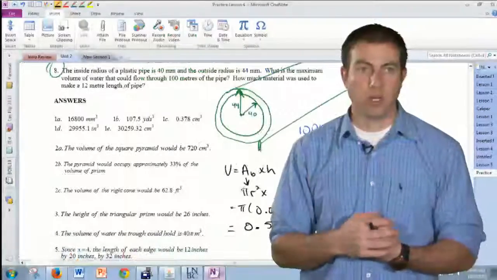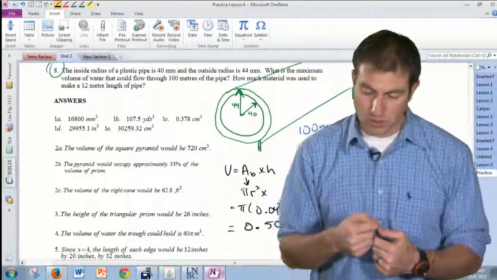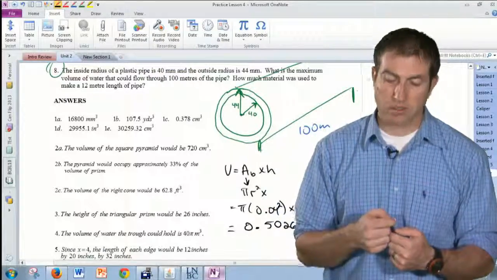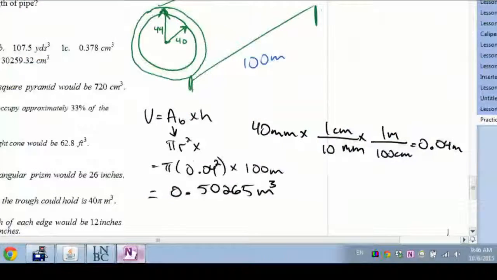So that was the first part of the question. The second part of the question asks how much material was used to make a 12-meter length of pipe. So if we look at our picture, the material, it's talking about the physical pipe. So if I just colored this in, it's trying to figure out how much stuff goes into making the actual pipe.